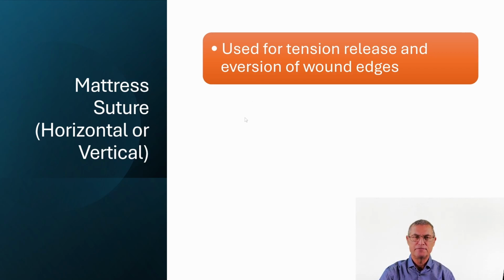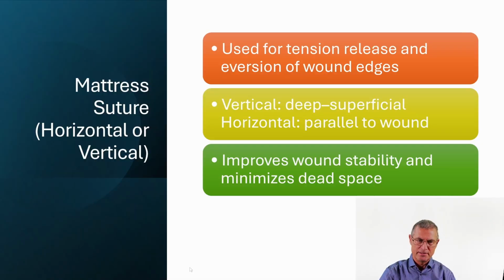So if I have an augmentation and I did the periosteal releasing, then I have to close it. First I adapt the flap, I use a single interrupted. After this, I use a mattress suture. There are different types. I don't tell it here. You know it already. And this improves wound stability.